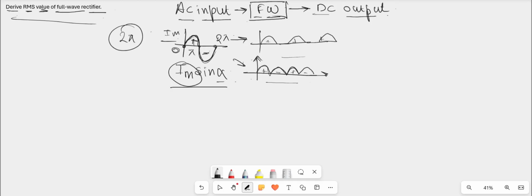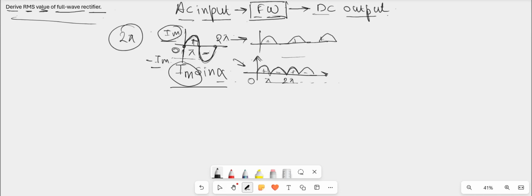So here the output will also be like this: 0, pi, 2 pi, likewise. If we want to calculate the RMS value of a sinusoidal waveform, we need to calculate it for the positive half cycle, from 0 to pi, where the amplitude is plus Im. But from pi to 2 pi, the amplitude is negative, suppose minus Im.